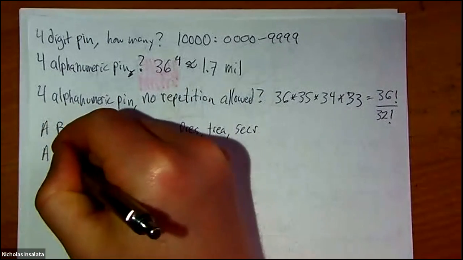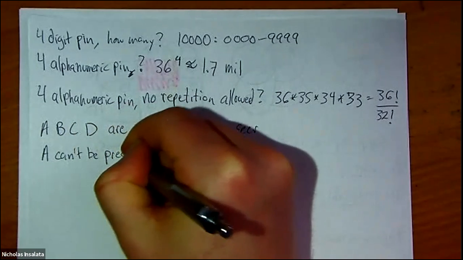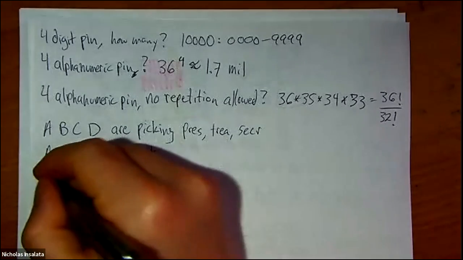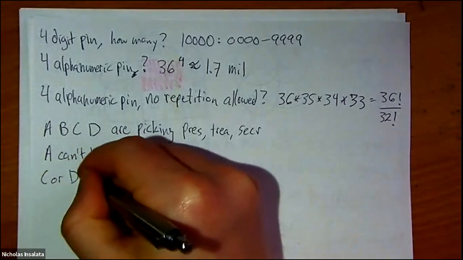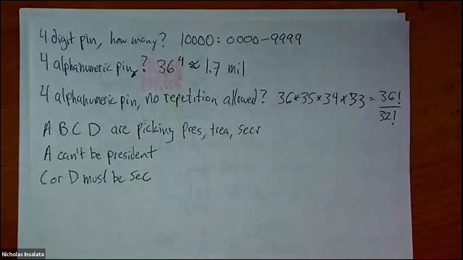A can't be president. Maybe Alfred is too busy and he doesn't have time to be president, but he could be treasurer or secretary, and that would be fine, right? Furthermore, C or D must be secretary. Maybe they're the only people that are interested in it, right?